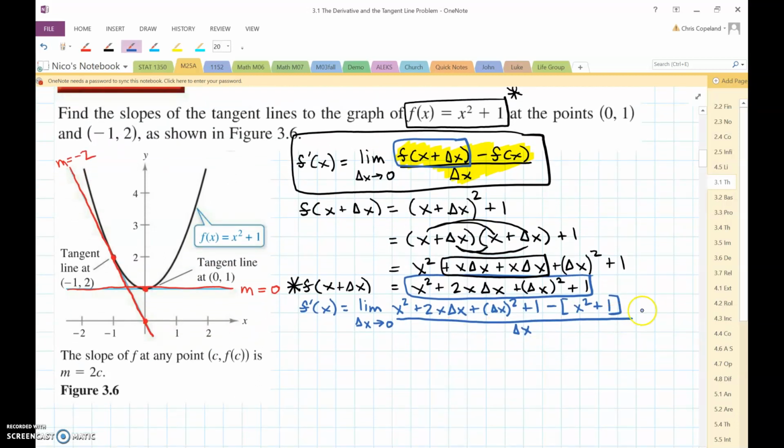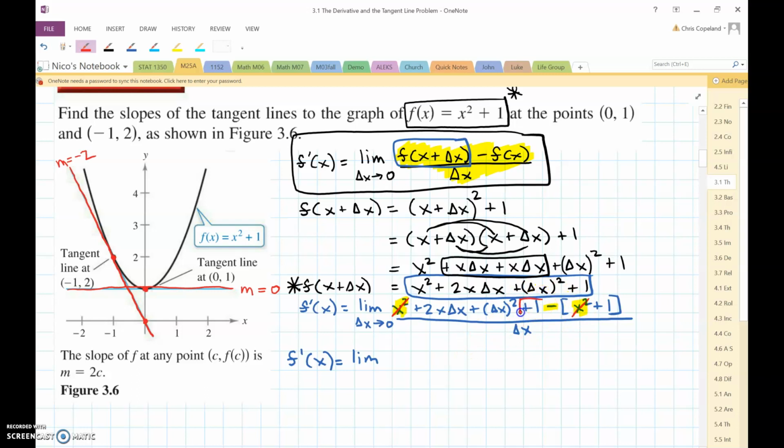Now, I want to solve this limit. This is why we've worked so hard on limits, so we can solve this. So the limit, now we're going to have x squared minus x squared, so that's going to be 0.